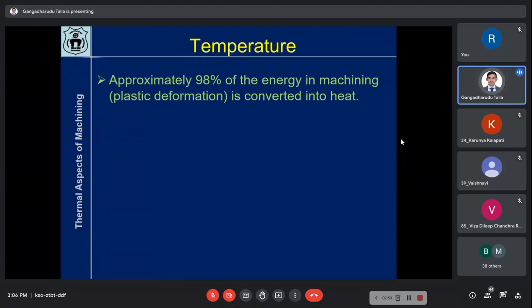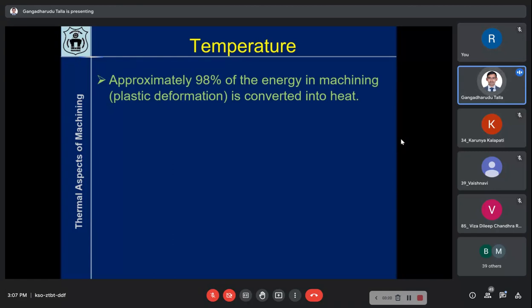That means you are cutting the workpiece and you are using a certain amount of power for the cutting process. We have calculated that also. Cutting force into cutting velocity is the cutting power. So 98% of that cutting power that you are providing is converted to heat.